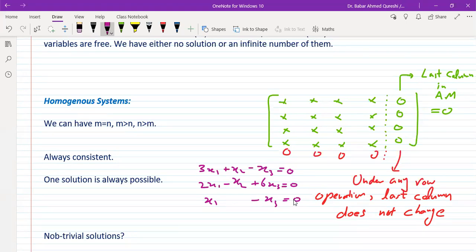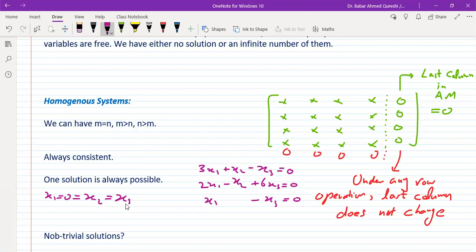If I take x1 equals 0, x2 equals 0, and x3 equals 0, that's obviously going to satisfy the equation, because on the left hand side I do not have any constants, only addition of all these variables with some coefficients.